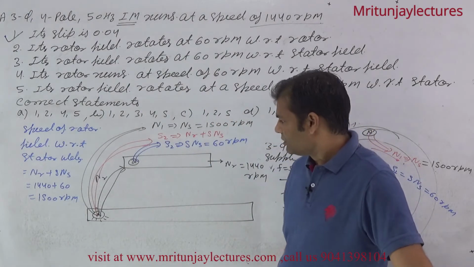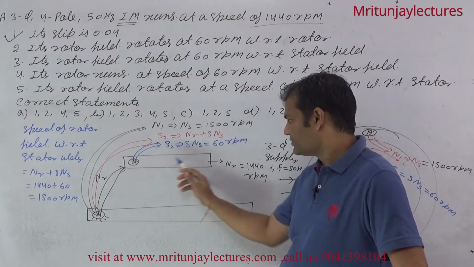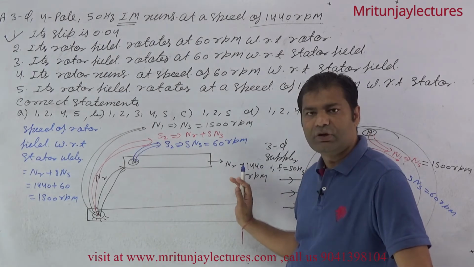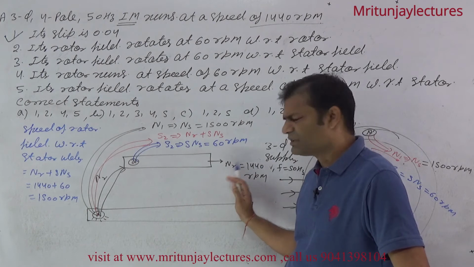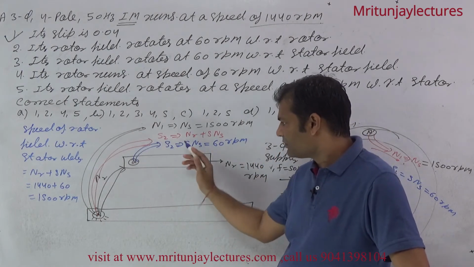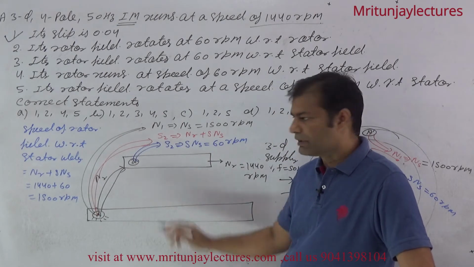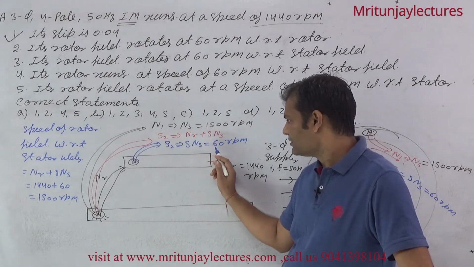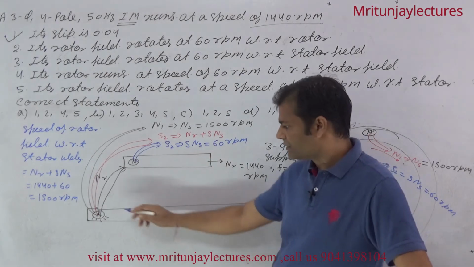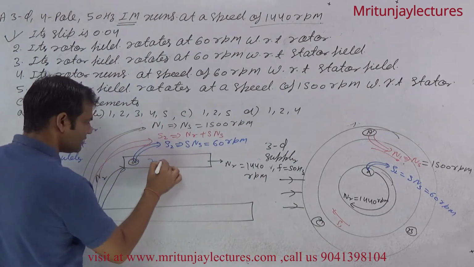If any doubt, consider this one a train, corresponding to a speed of 1440, that is NR, rotating in this direction, and a small child running on the train with speed SNS. Suppose this one is a stator and this one is a rotor.